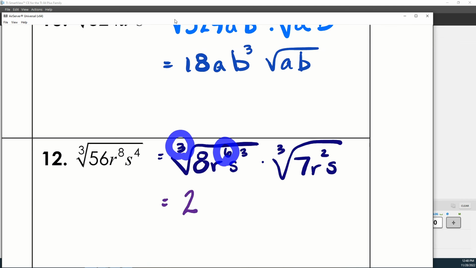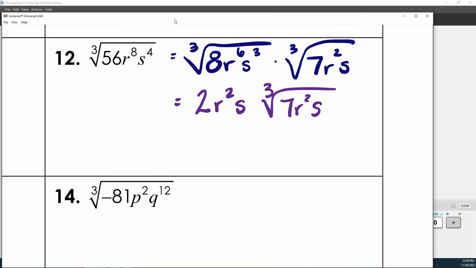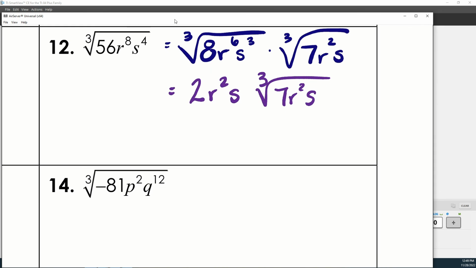You divide 6 by 3. That's R to the 2nd. Divide 3 by 3. That's S to the 1st. And then this other stuff just stays underneath. Right? Does that kind of make sense? That's kind of weird.